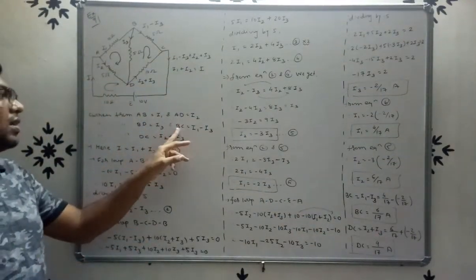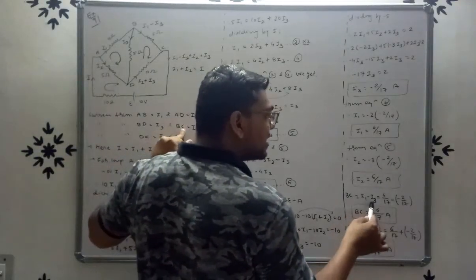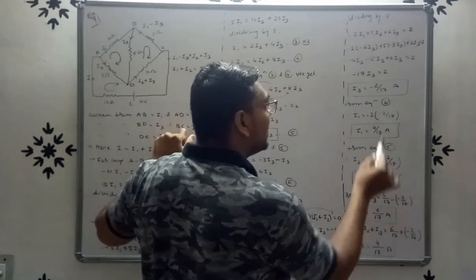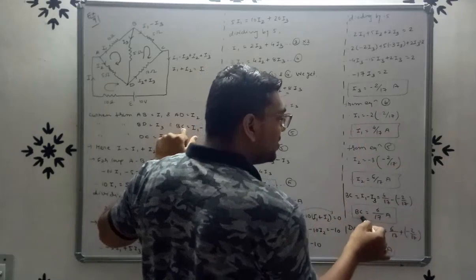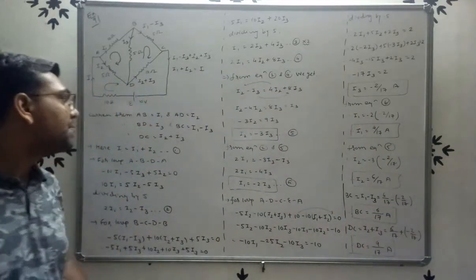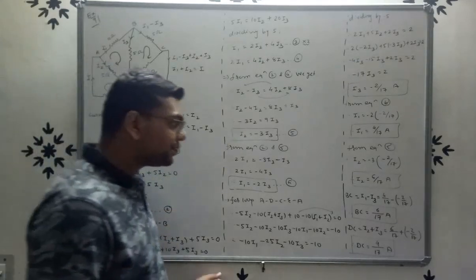To find out current flowing from BC branch, BC is equals to I1 minus I3. So I1 4 by 17 minus I3 minus 2 by 17. So here 17 LCM. So we get current flowing from BC branch 6 by 17 ampere. Then current flowing from DC branch I2 plus I3.